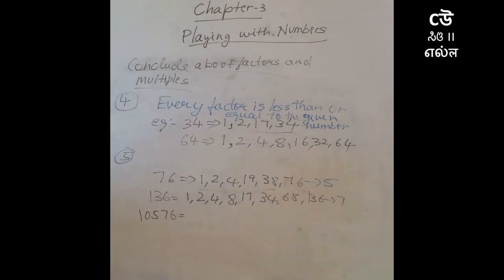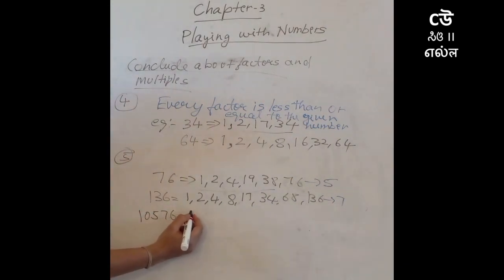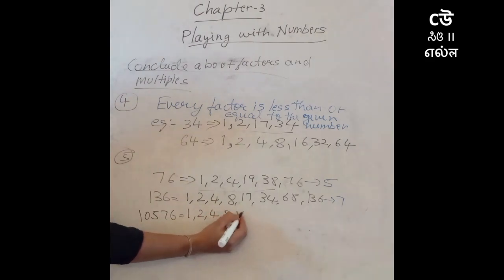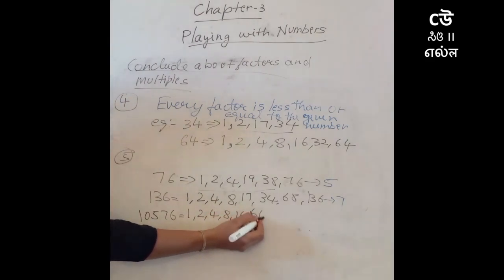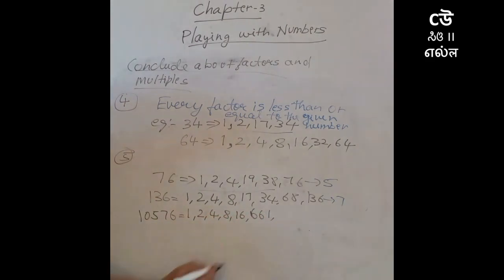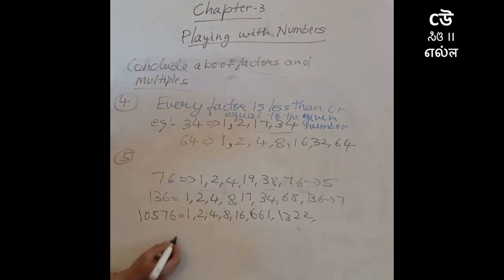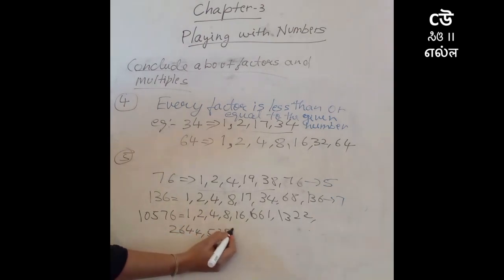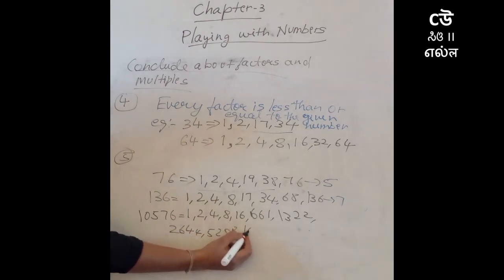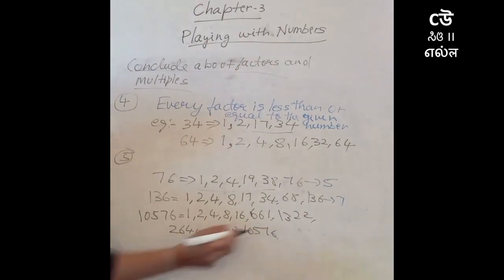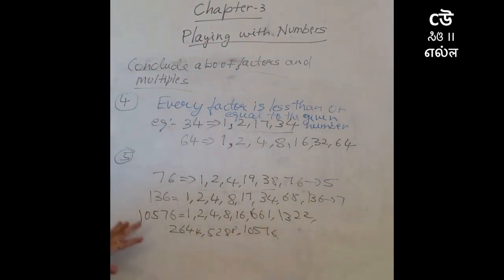For 10576, the factors are 1, 2, 4, 8, 16, 661, 1322, 2644, 5288, 10576. So see, for a bigger number also we have factors which are countable.